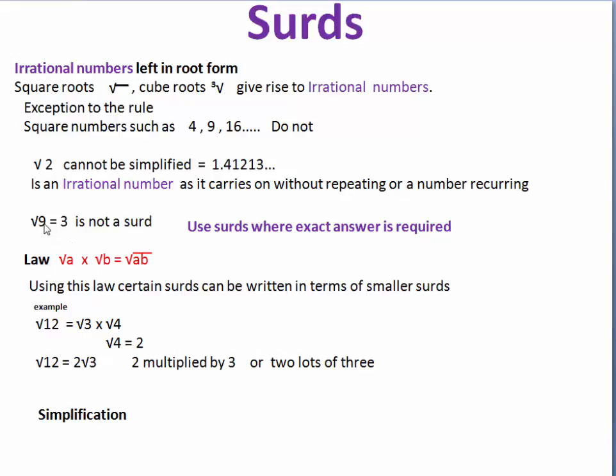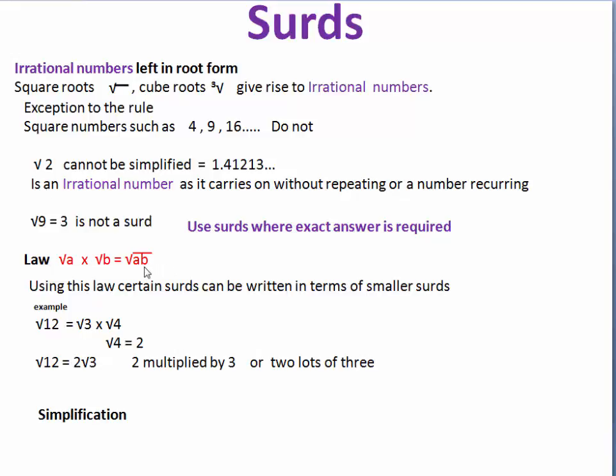Square root of 9, 9 is a square number, equals 3, which is a whole number, so it's not a surd. So surds are used where an exact answer is required. We don't want this long, non-ending number. So when you're asked for an exact answer in the exam, you use a square root like this, or a surd.